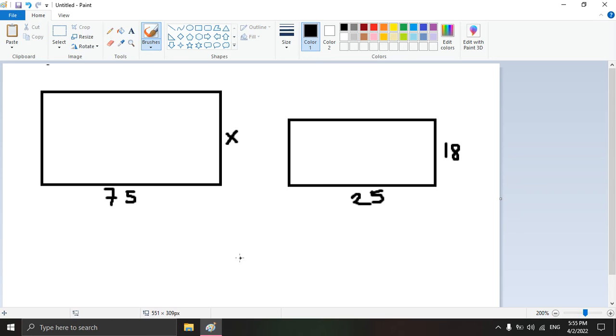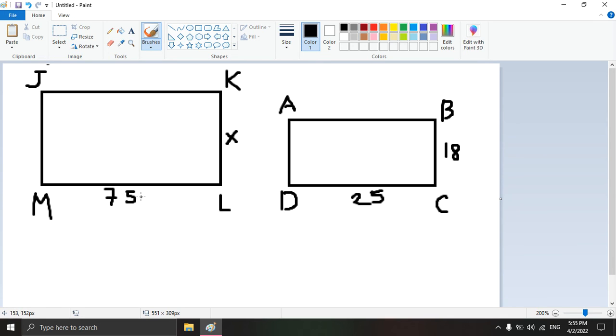Okay, so let's have another example. As you can see on the screen right now, these are rectangles, two similar rectangles. I will name this one J, K, L, M. Then the other one is A, B, C, and D, to make it easier.